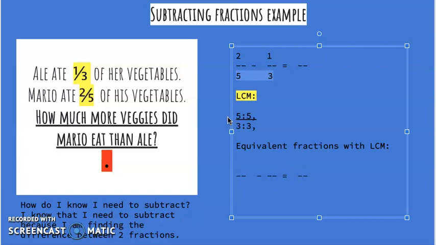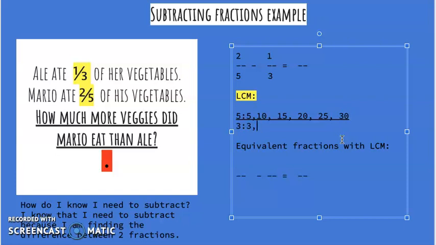So I have to find the least common multiple, or the LCM. Now, guys, how do I do that? Well, we're going to do the same thing, guys. We're going to do our t-charts, and then we're going to find the first number they have in common, or the least common multiple. So 5, 10, 15, 20, 25, 30.